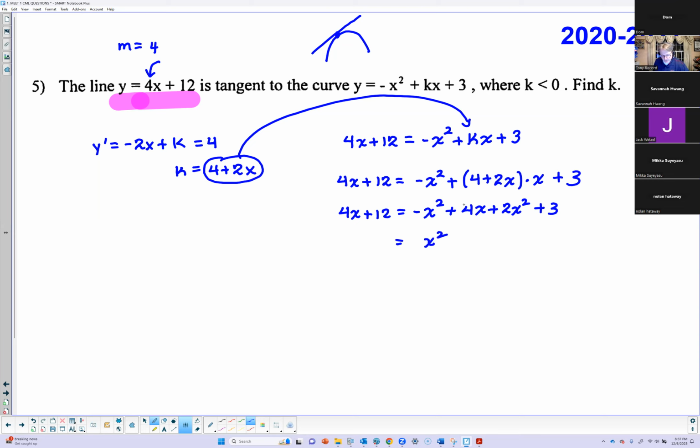What do I have here? X squared, the 4x's cancel, right? And then if I subtract the 12, I get -9. Oh, okay. So what is x going to equal? 3 and -3. Now, wait a minute. What did this problem ask us to find?